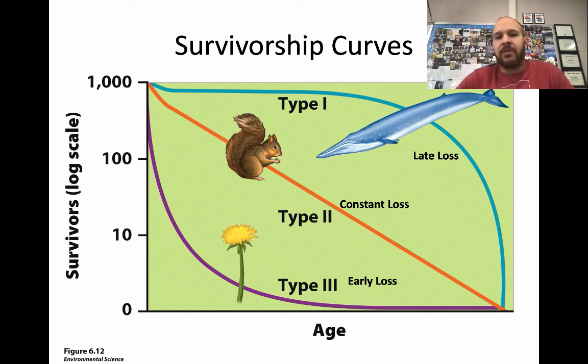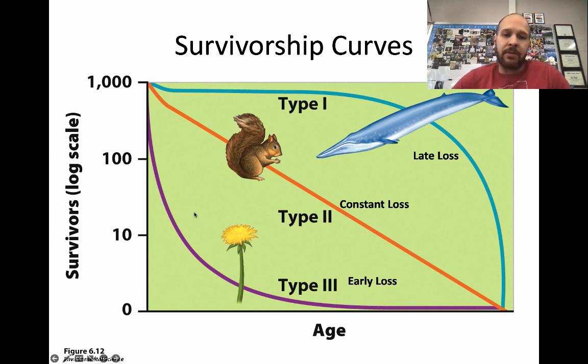Survivorship curves: generally things that are very large have a survivorship where most of them will live very long, live to be an old organism, and then die off. Humans would be in this category, where most people live long lives and then as they get old, they start to die off.